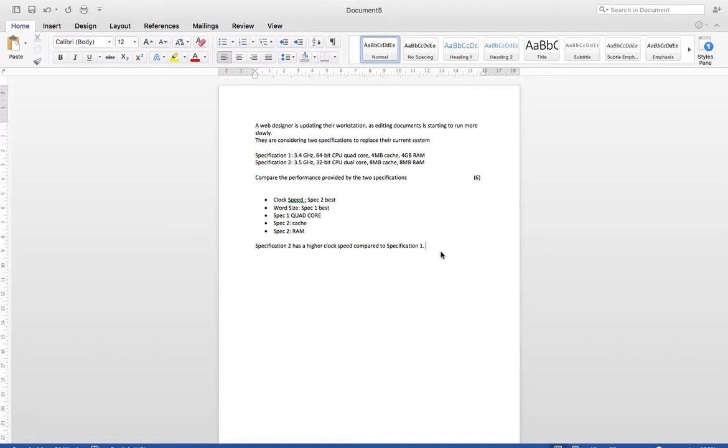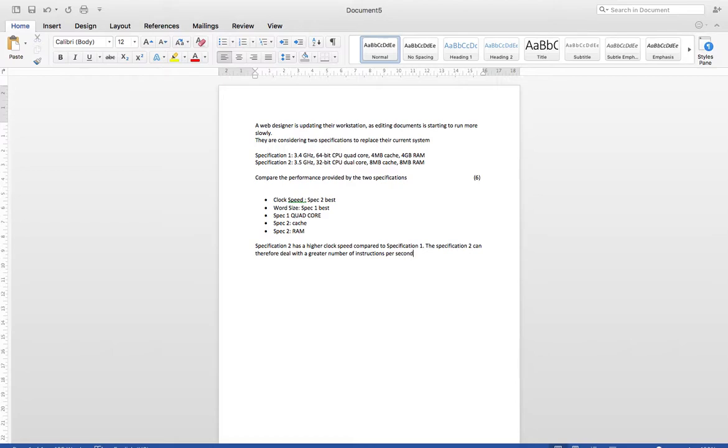So what does that clock speed mean for the computer system and for this web designer editing documents? Well, specification 2 can therefore deal with a greater number of instructions per second.